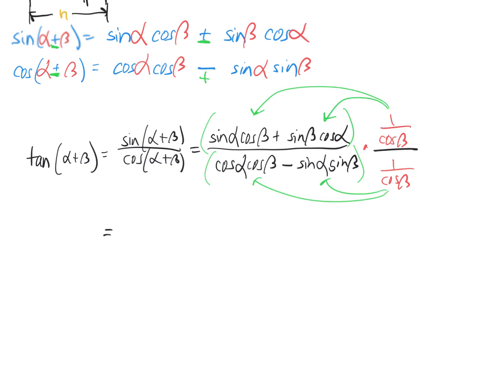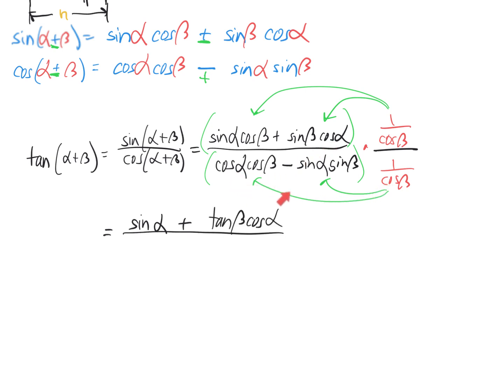And when we distribute 1 over cosine of beta times this, we're left with just sine of alpha. When we multiply by this term, we'll have sine of beta over cosine of beta, so that gives us tangent of beta times cosine of alpha.